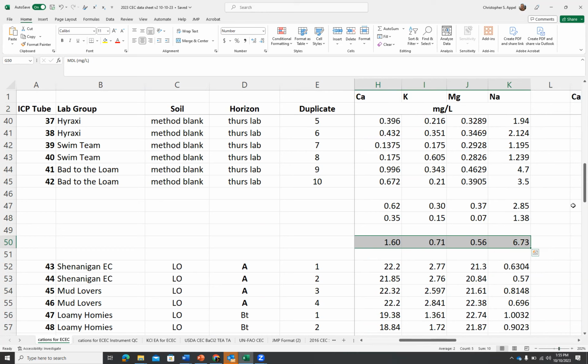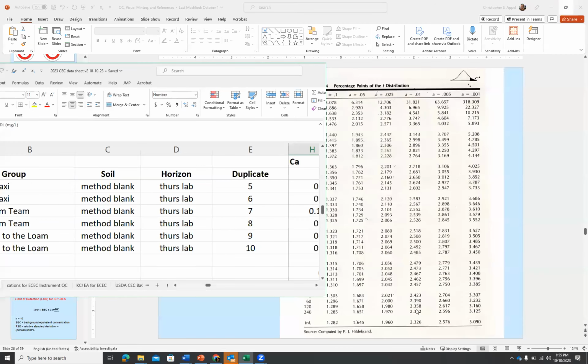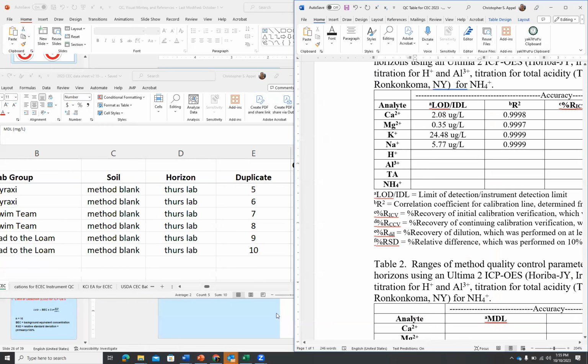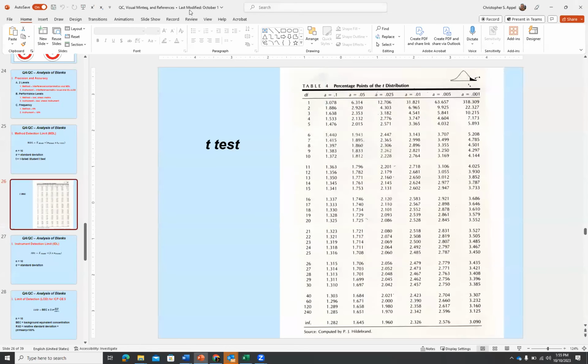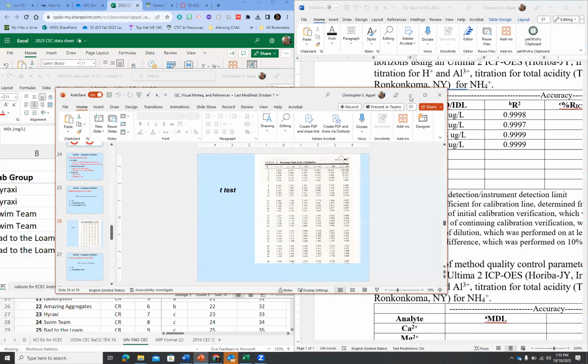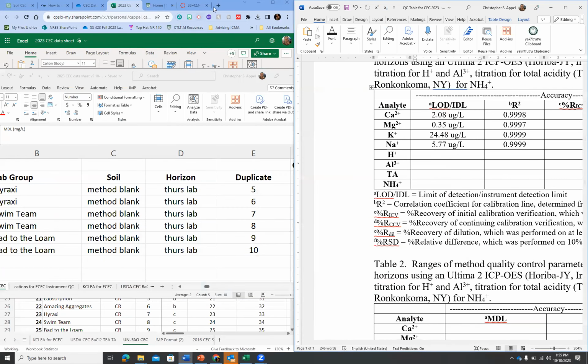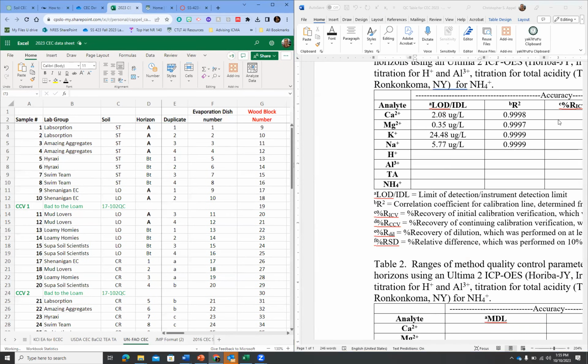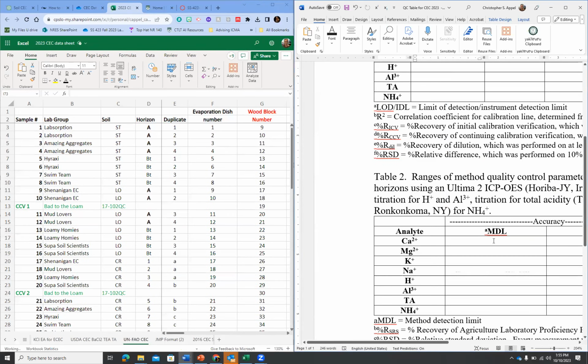Right, this is calcium, potassium, magnesium, sodium. They go in table 2.